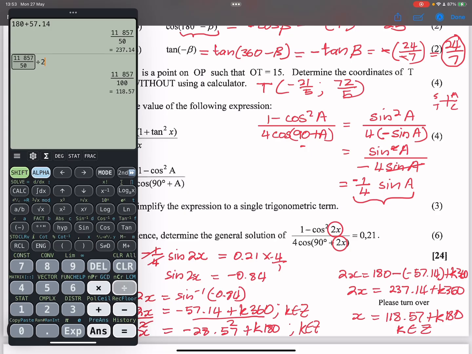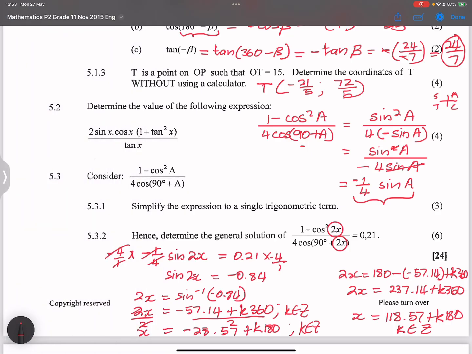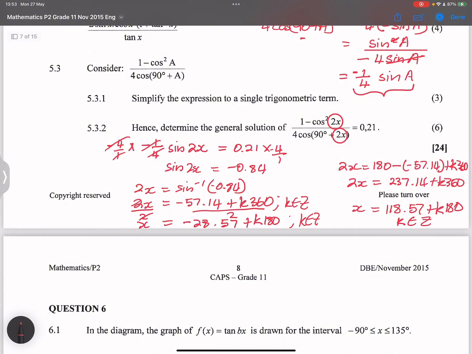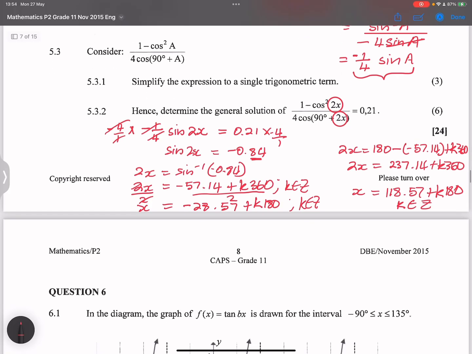Now remember, ladies and gents, another way that you could have done this is you could have looked at where sine is negative and found the reference angle. You'll see that sine is negative in quadrants 3 and 4. So you would have said 180 plus the reference angle and 360 minus the reference angle. That's still the same thing. You would have gotten to the same answer.